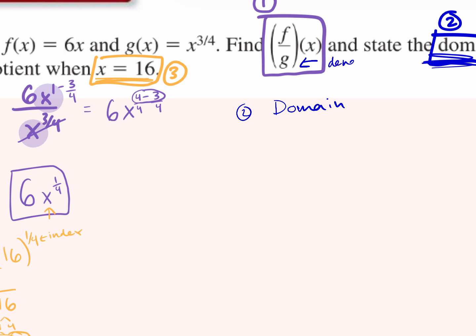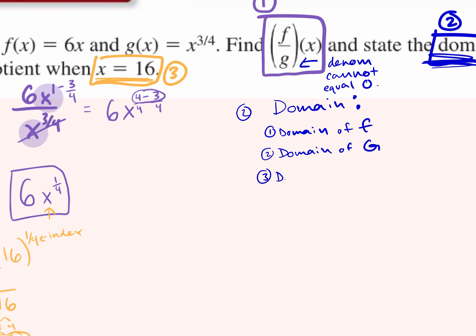So the denominator cannot equal 0. So for the domain, there's 3 things we need to check. The first thing is the domain of f. Second thing is the domain of g. And third thing is the denominator.